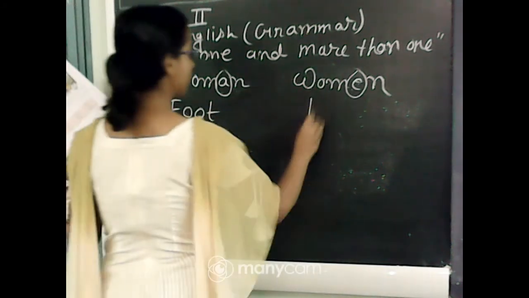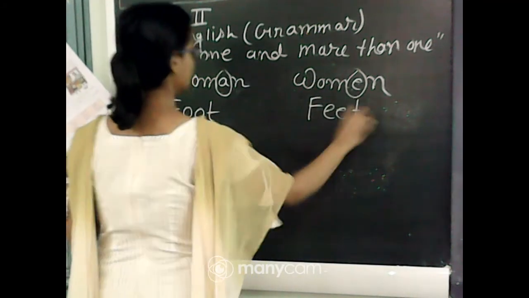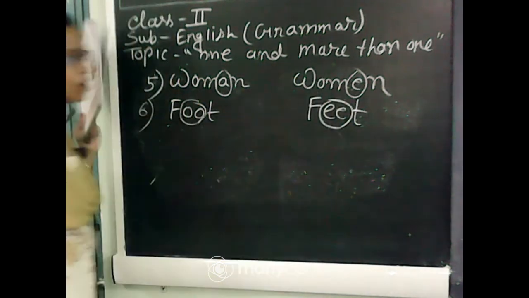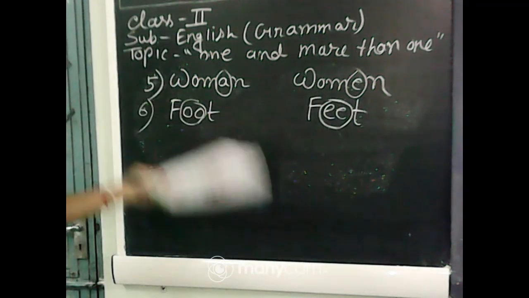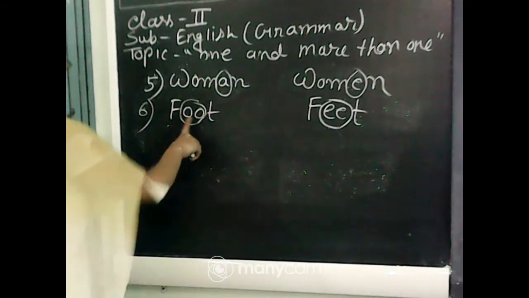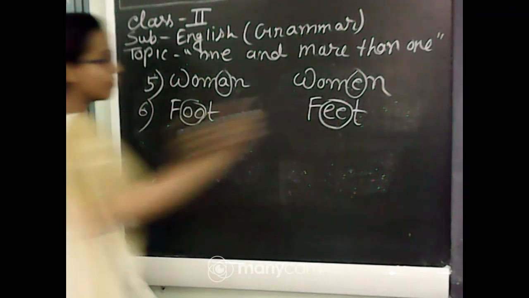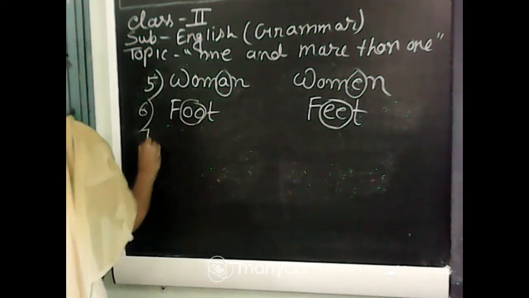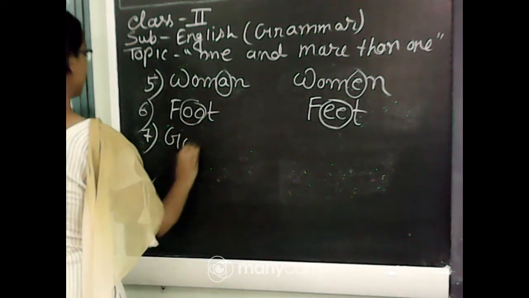Like here also, foot to feet, F-O-O-T to F-E-E-T, that is we have changed double o to double e to make it more than one, and this is also the same.